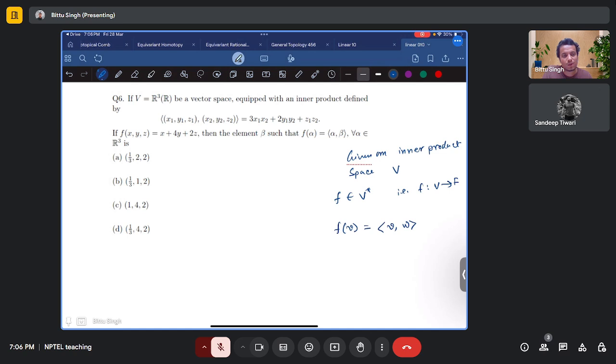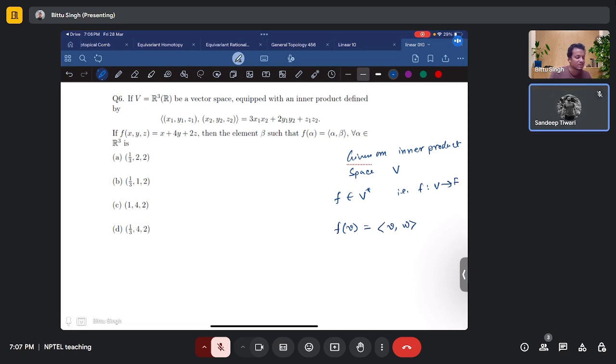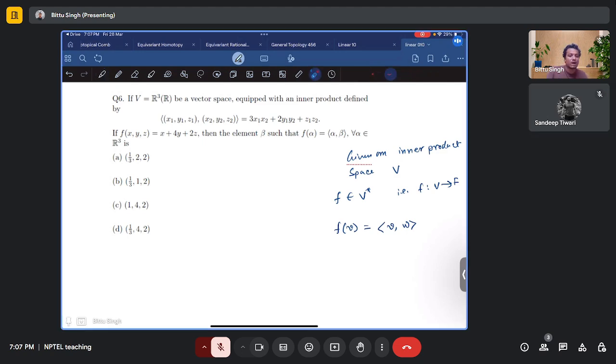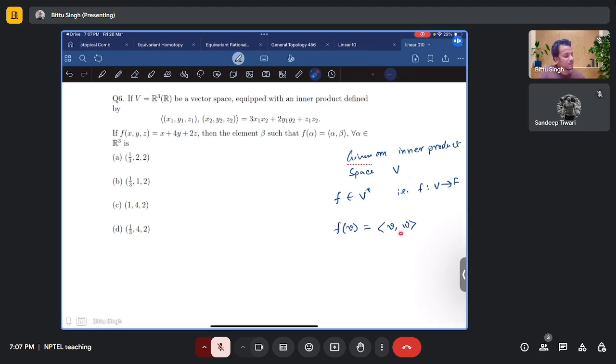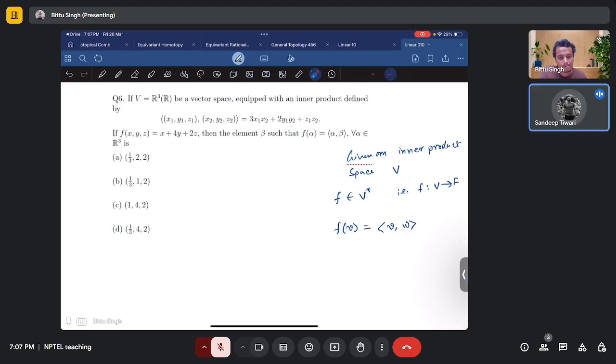Yes, sir. That actually says that for a given inner product space, any linear functional can be thought of as some projection. Not exactly projection, because that element is in the field. Sir, beta is always fixed. Yes, there exists some W for which F of V can be written as V inner product with W. Yes, sir.